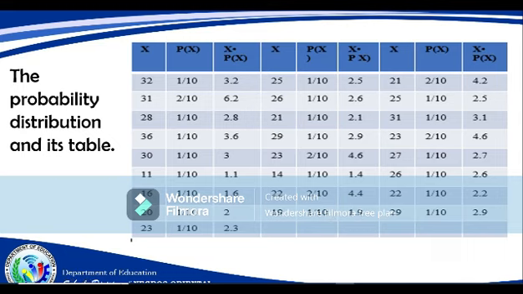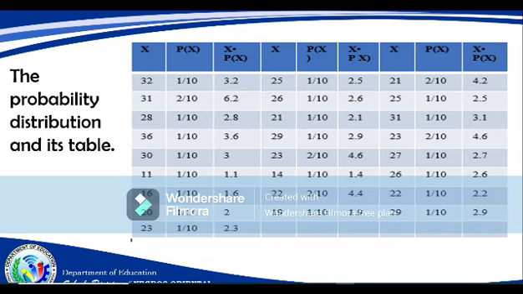Okay, let us proceed to the third group. The x would be 21, 25, 31, 23, 27, 26, 22, 29. These are the random variable. Since 21 repeats twice, there are 2 years in which the number of storms is 21.